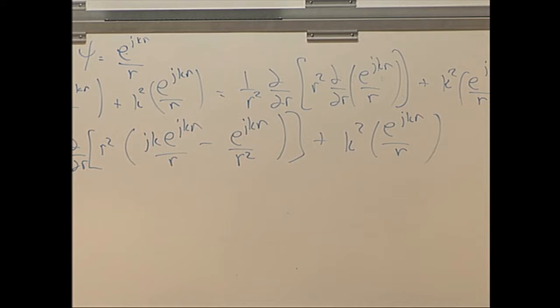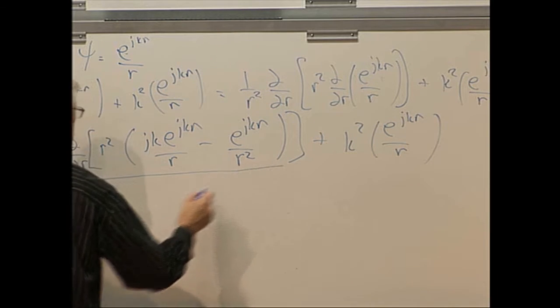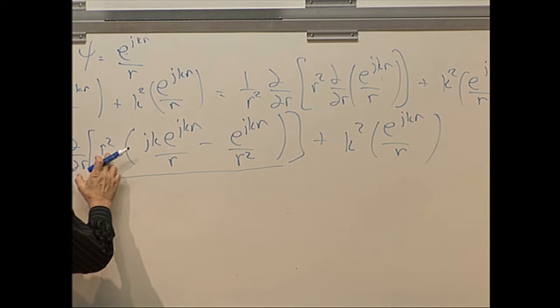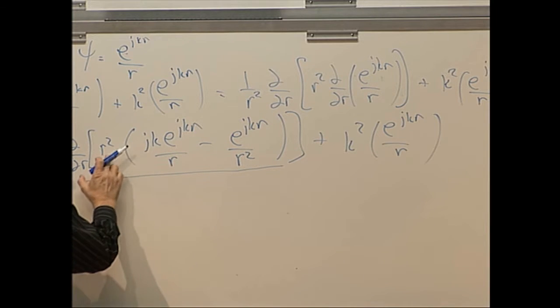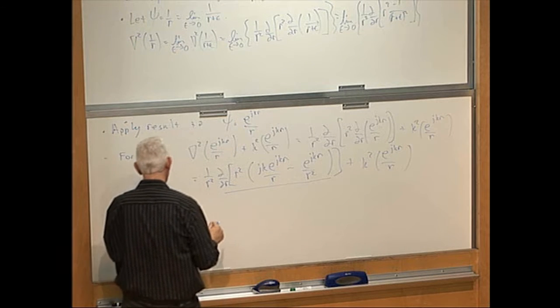Okay, so now to take through the partial, we have an r squared here, so this would be r times jk for this one, and then just minus e to the jkr for that one.